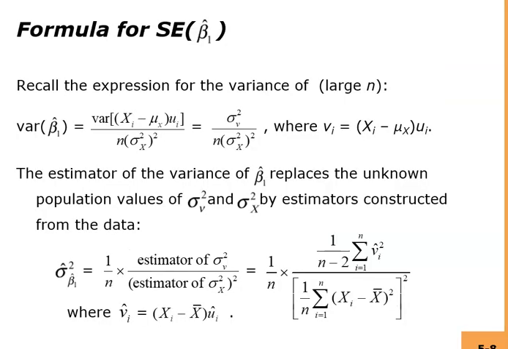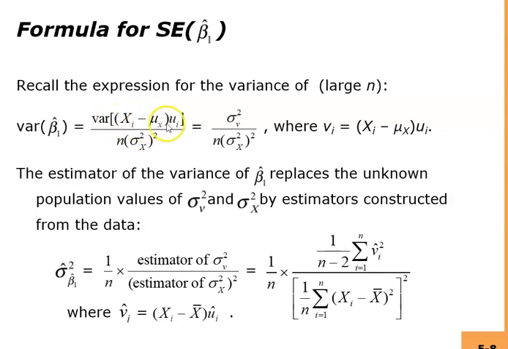So how do we calculate the formula for the standard error of beta 1 hat? First we need to calculate the variance of beta 1 hat, and we will do that with this formula. Remember, there's some sort of intuitive logic to why this formula makes sense, and we took a look at that in the previous chapter, but once again I will summarize this.